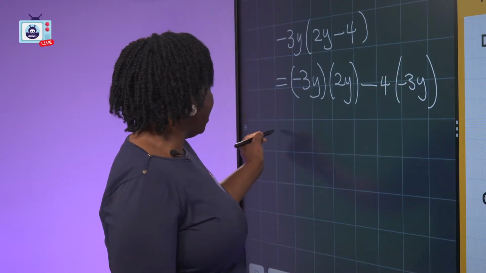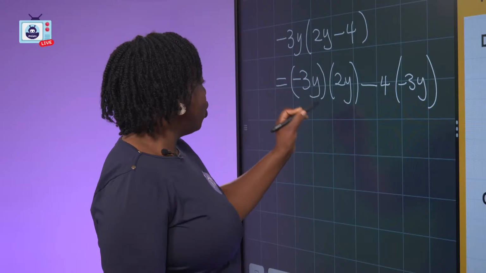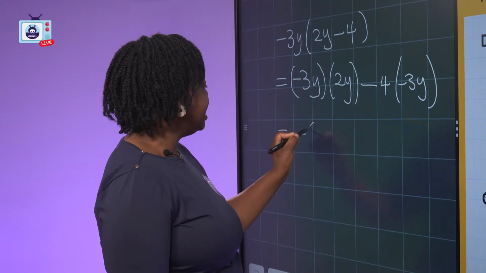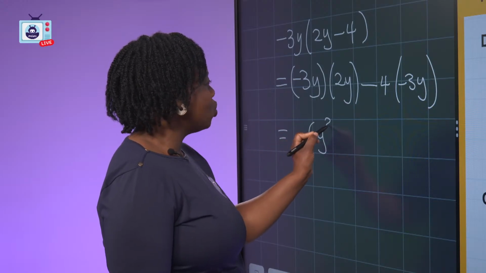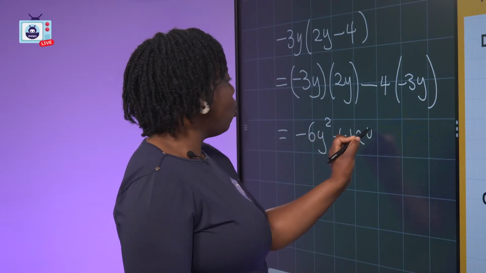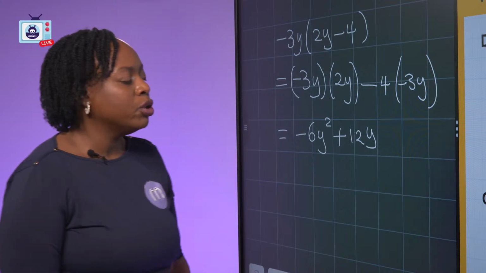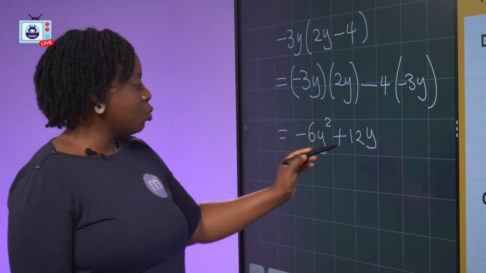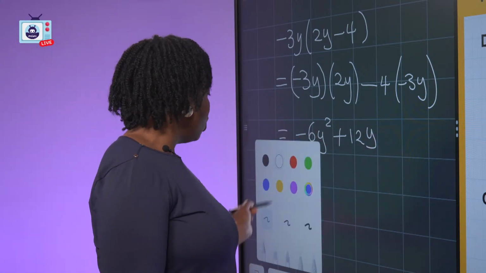If you multiply this together, you're going to have a negative 6y squared plus 12y. And that is how you're going to solve this one to get your answer.